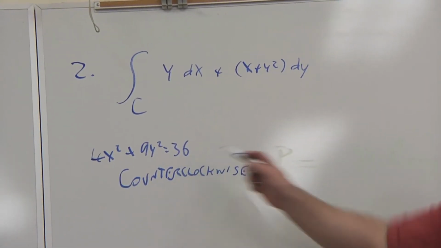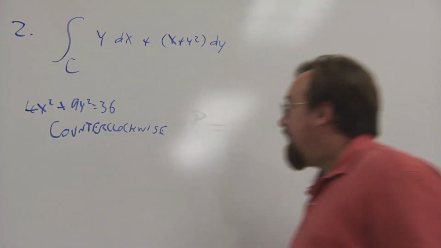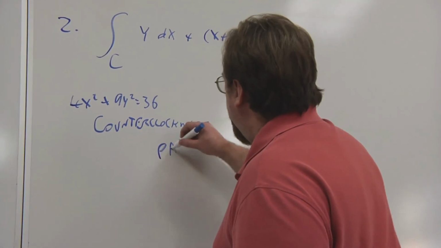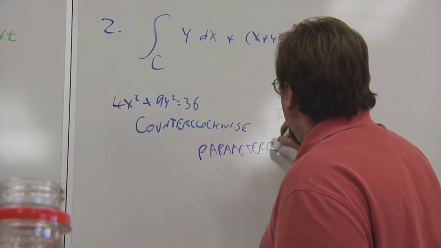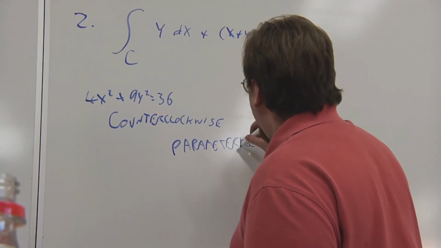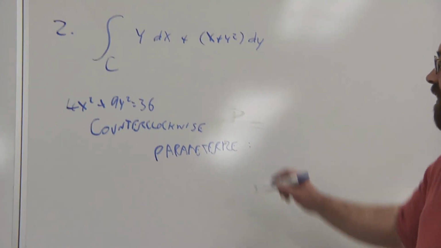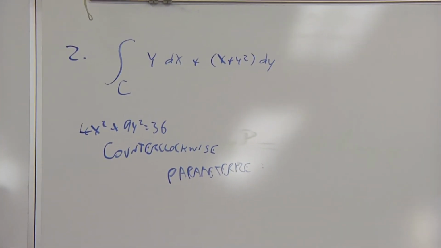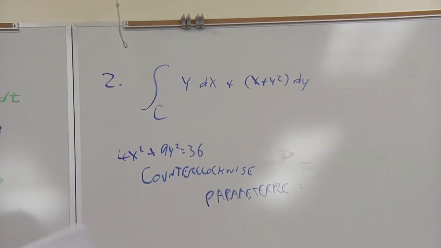If we go ahead and parameterize this, this one's a little more difficult to parameterize because it's not y being a function of x. However, this equation is kind of circle-like because you have a constant times x squared plus a constant times y squared equal to another constant.